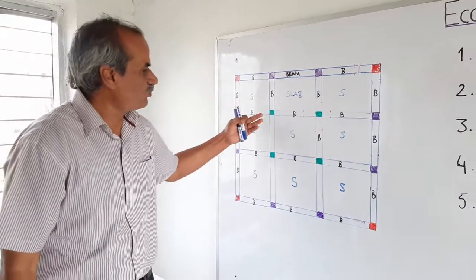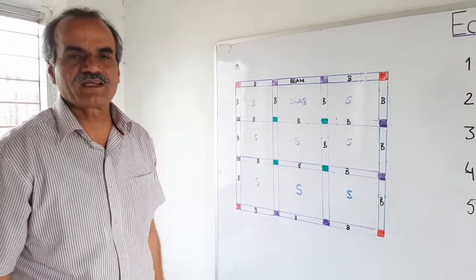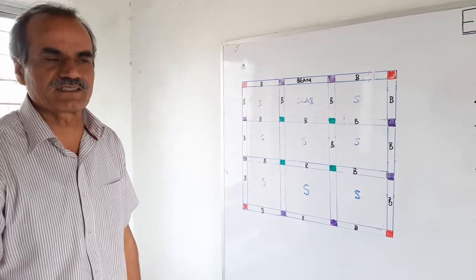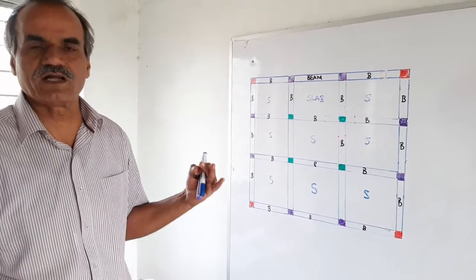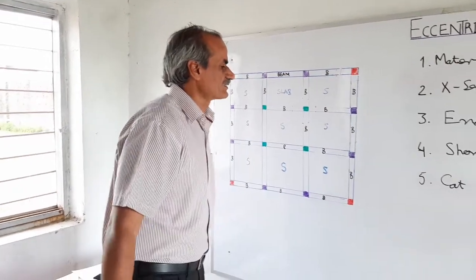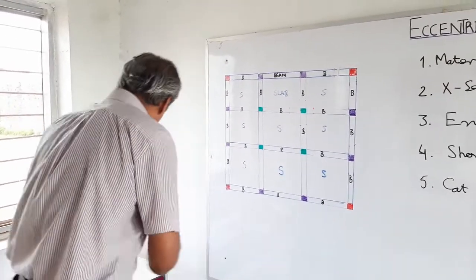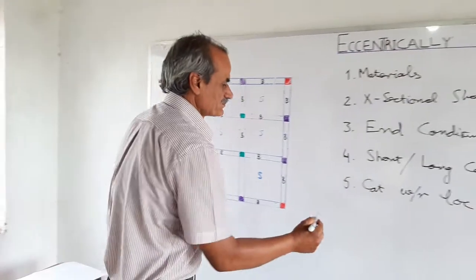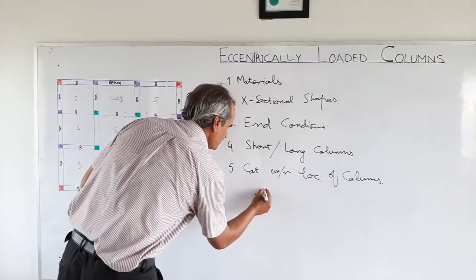There are 4 green columns, and they have a common thing: they are being loaded from all 4 sides. So we categorize the green ones as interior columns.